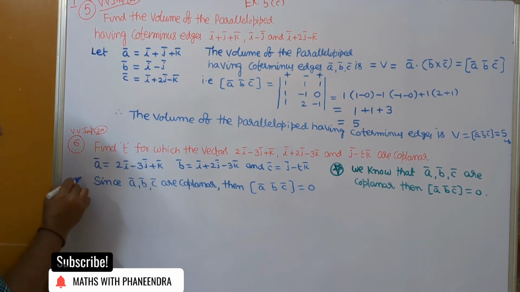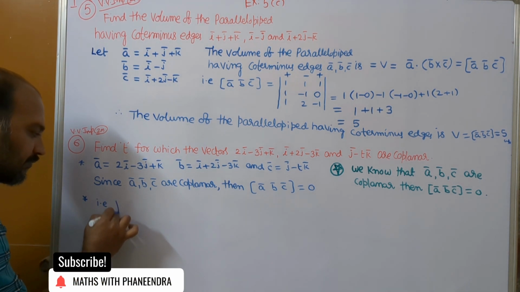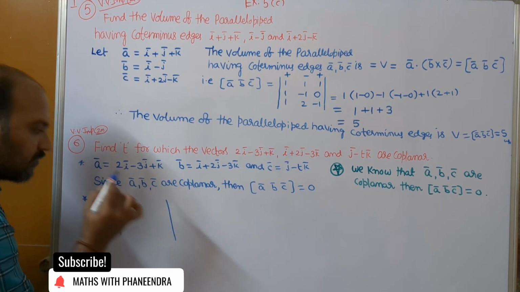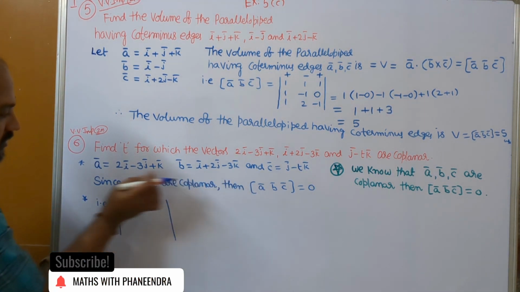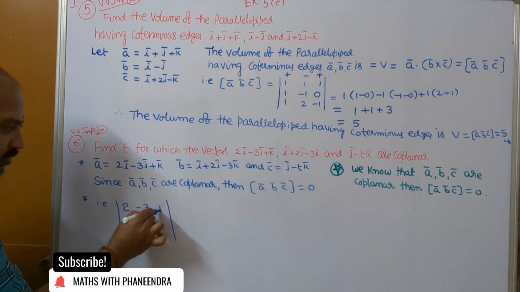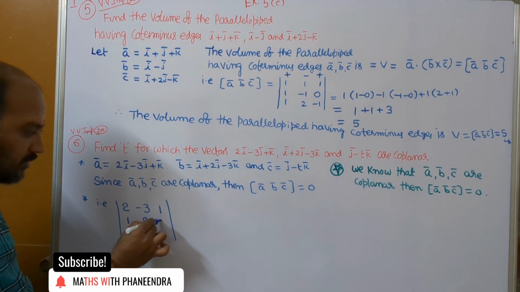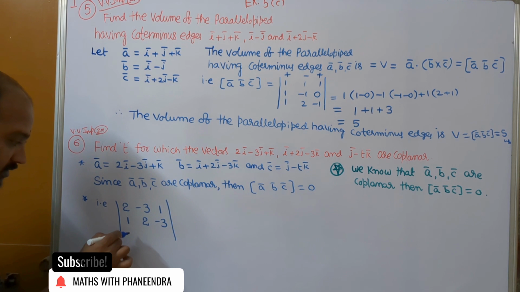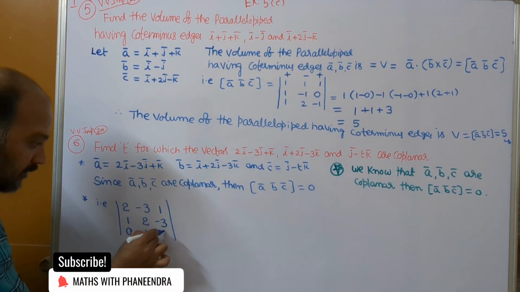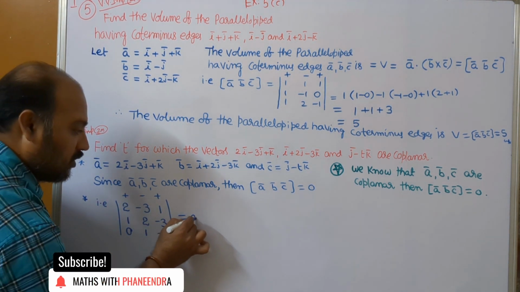That is, in a bar vector, take components 2, minus 3, 1. b bar 1, 2 and minus 3. And third one 0 for i, 1 for j, k value minus t. So plus, minus, plus is equal to 0.